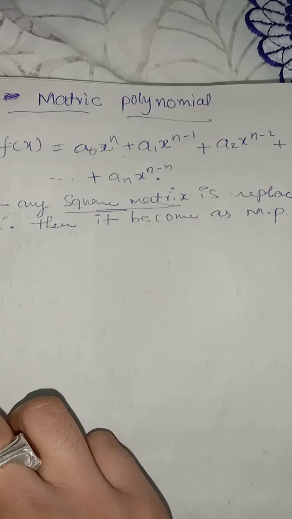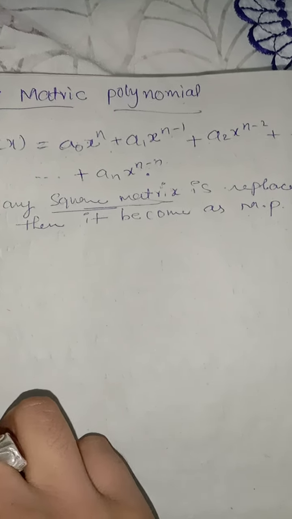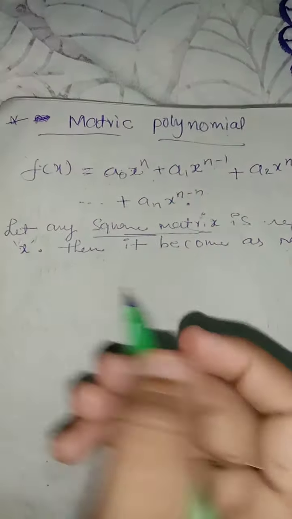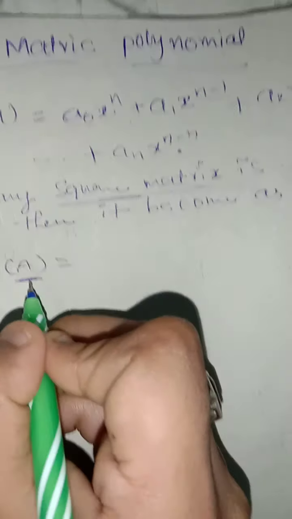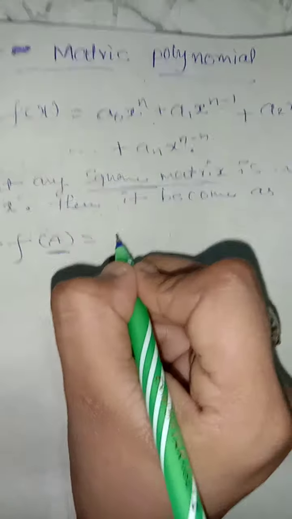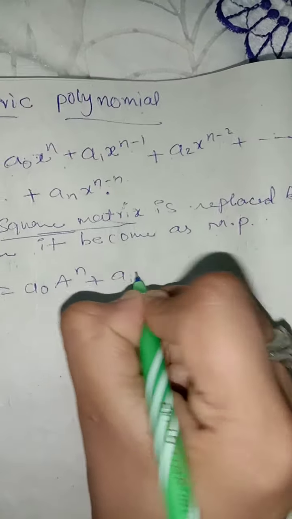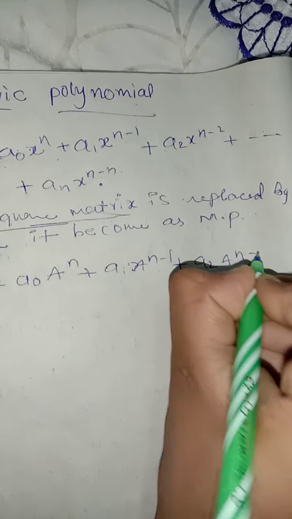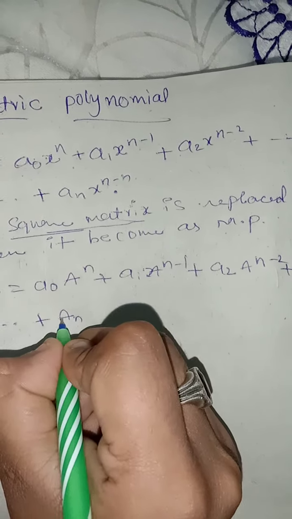What is the meaning of square matrix? The rows and the columns are equal. That is known as a square matrix. So if rows and columns are equal, then we can easily add the matrices. Now I am replacing it as f of A, where A is any square matrix of order n: a naught A power n plus a1 A power n minus 1 plus a2 A power n minus 2 plus so on plus an.